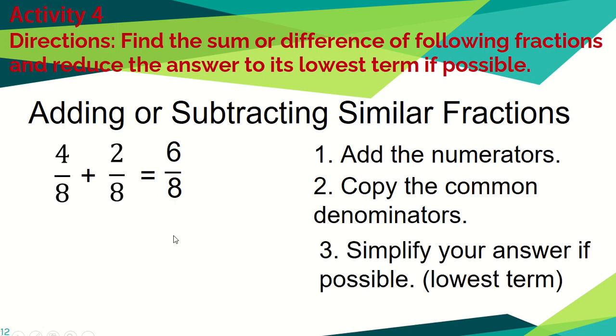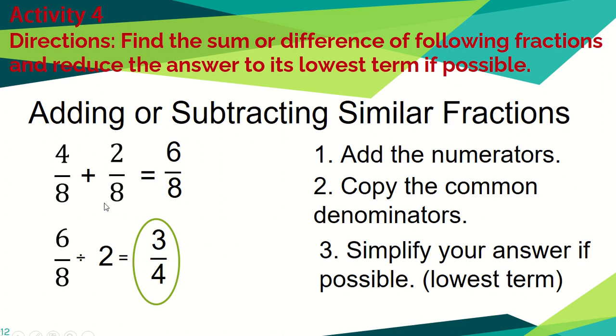And step 3, simplify your answer if possible. Ito yung ginawa nyo sa activity 1. 6/8, find the GCF. Ano yung GCF? The GCF is 2. Alam nyo naman kung paano pagkuha ng GCF kasi nag-solve na kayo sa activity 1. So, 6 divided by 2, we have 3. 8 divided by 2, we have 4.